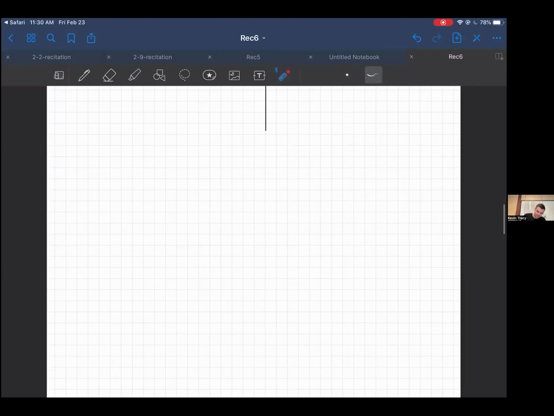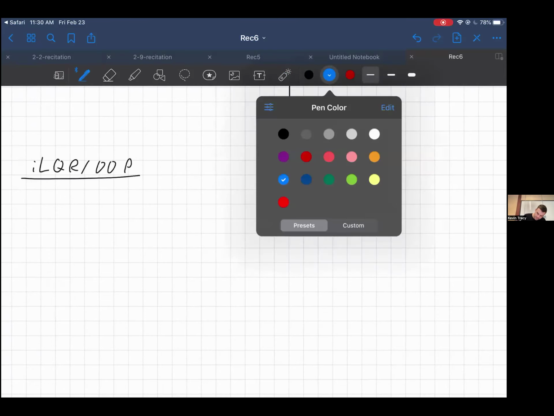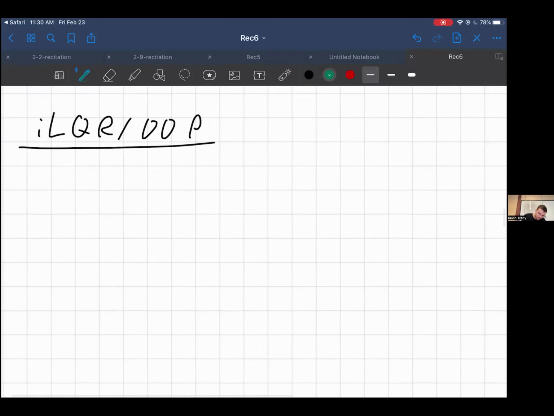All right, so let's do general iLQR and DDP. I'll do green and red. It's easy to implement. So if you have to write it yourself, writing your own iLQR is not that hard.